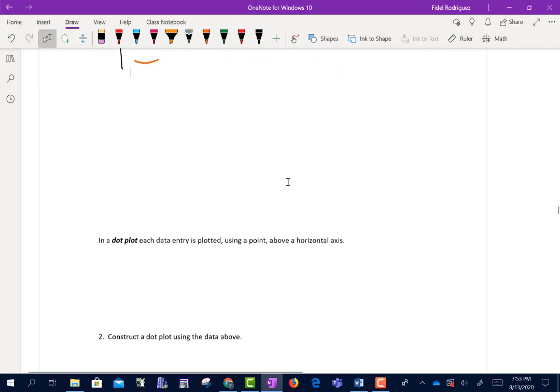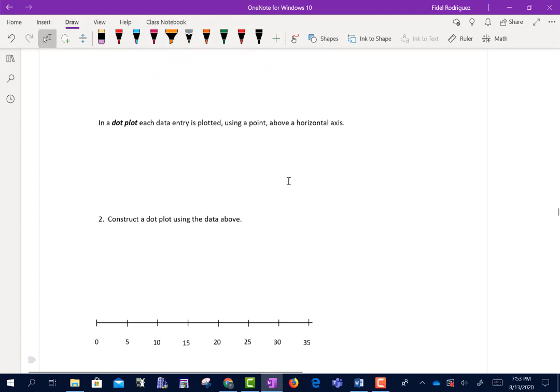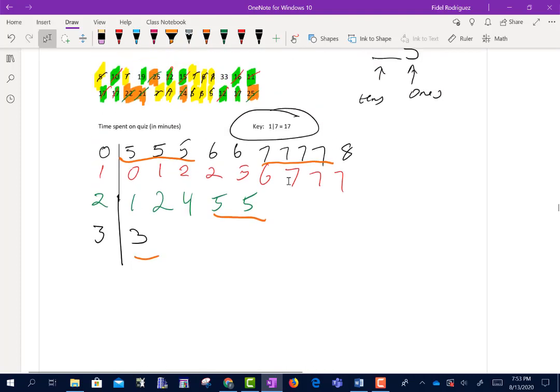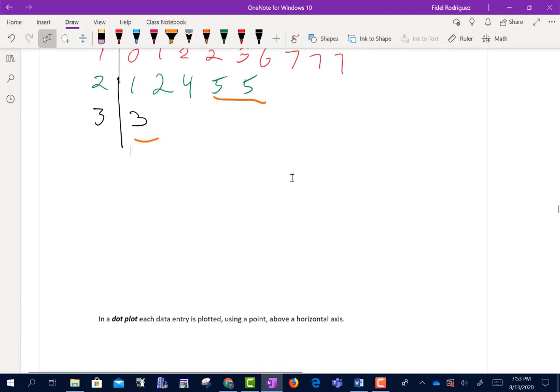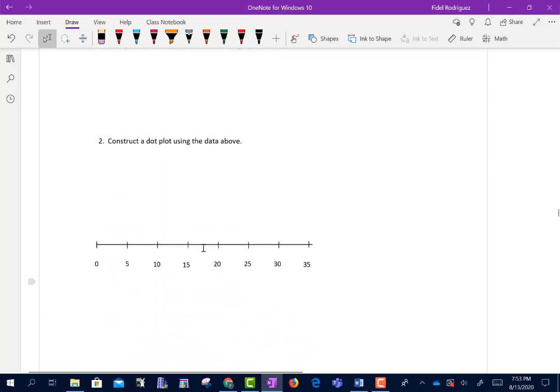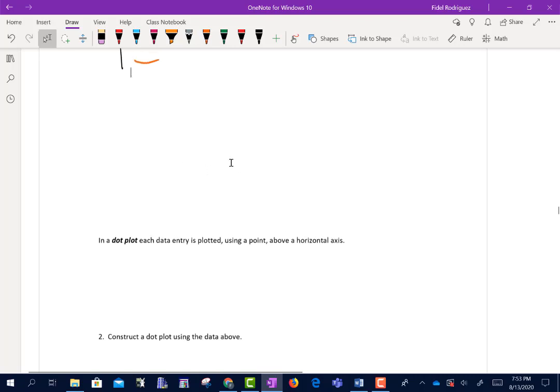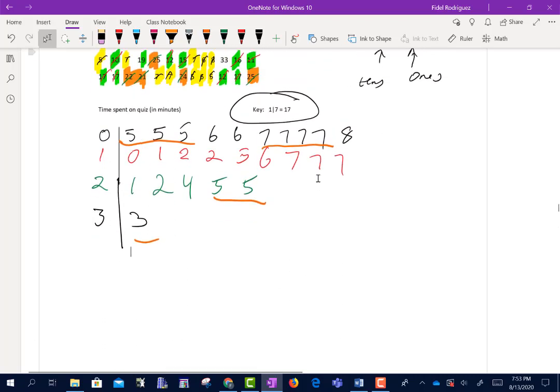All right. So now it says in a dot plot, each data entry is plotted using a point above the horizontal axis. Here is my information, and we want to see if we can make our dot plot out of this. I'm going to copy this over here so that it'll be a little easier and I don't have to keep going back and forth.